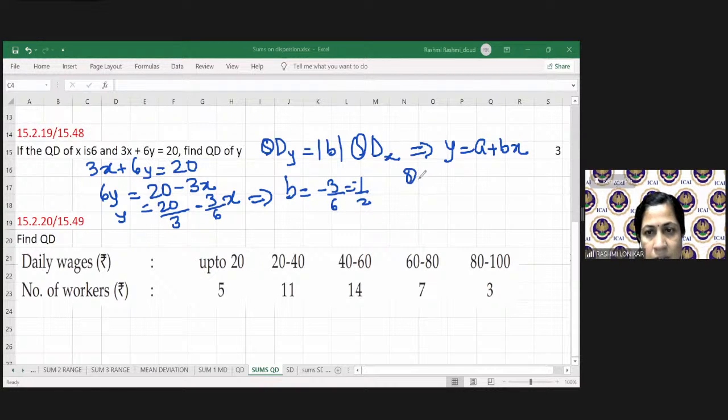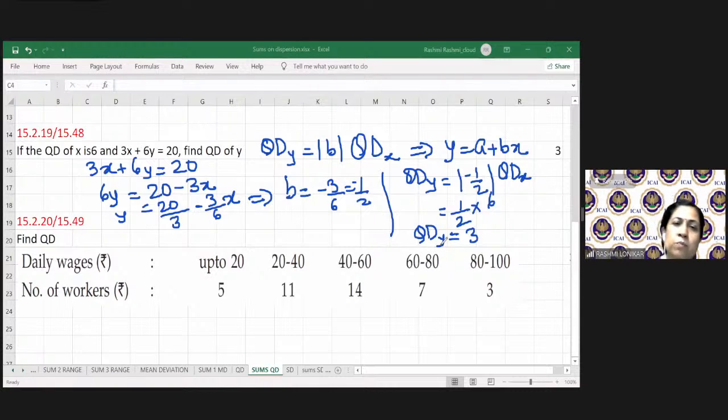So quartile deviation of y is equal to mod of minus half into quartile deviation of x. Quartile deviation of x is given to you as 6. So this is equal to 1 half into 6. Answer is 3.